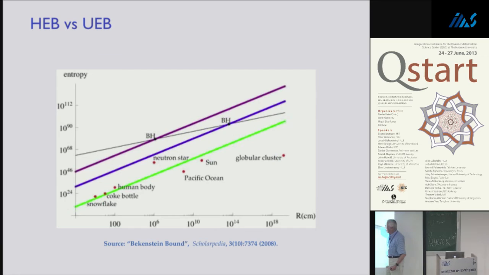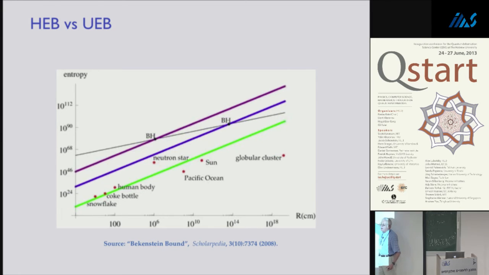If the density is 10 to the minus 20 grams per centimeter cubed, which is a density of many astronomical systems, for example a globular cluster of stars, then that would be the bound, and the globular cluster is below it. If you take systems with 1 gram per centimeter cube, all kinds of things around us, that's the bound, and of course all kinds of ordinary things, Coke, bottle, snowflake, Pacific Ocean, and so on, sit below this line.